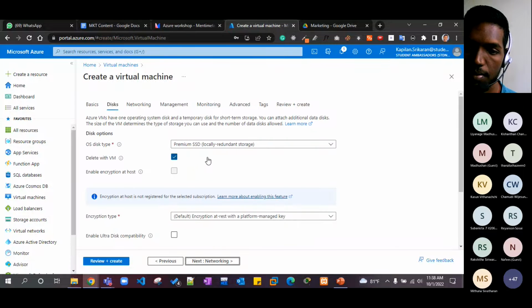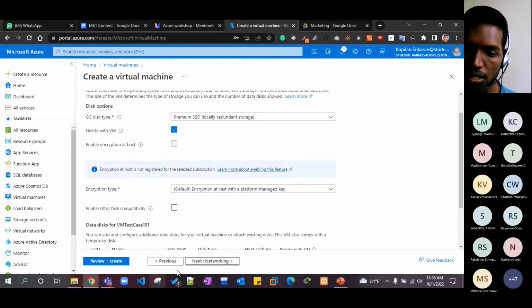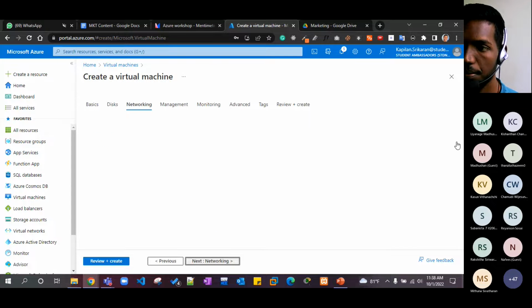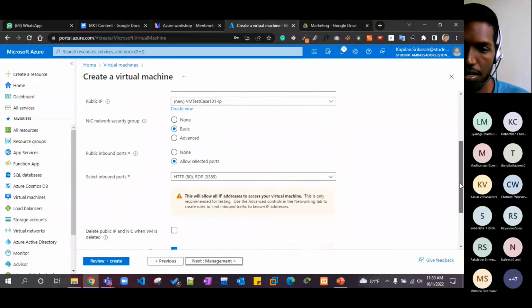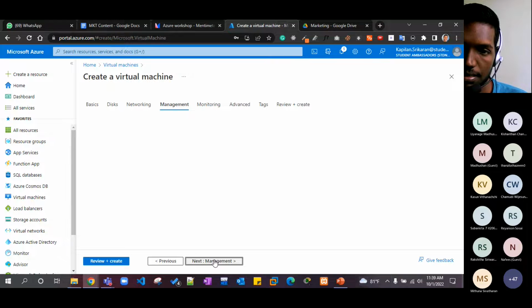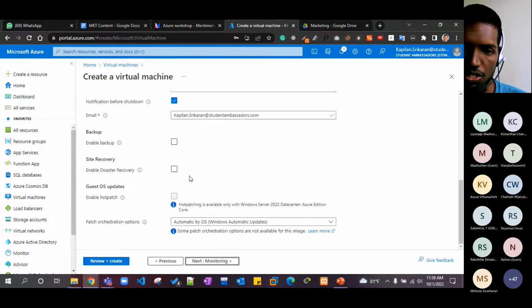I am leaving it as the default. I don't want to change anything here. I will briefly describe what this is in later sessions, because if I explain these things now, you might be confused, so I just leave it as the default. Next, enable auto shutdown.